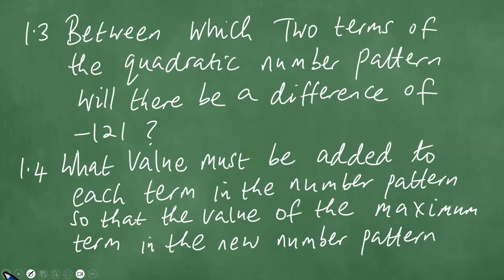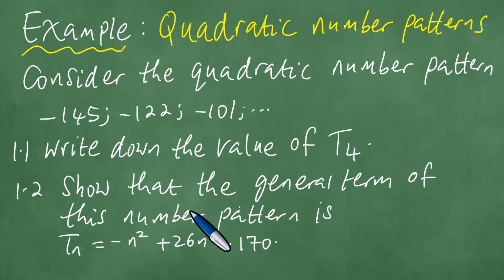The question said to show that the general term is minus n squared plus 26n minus 170. We've done that, shown it and proven it.